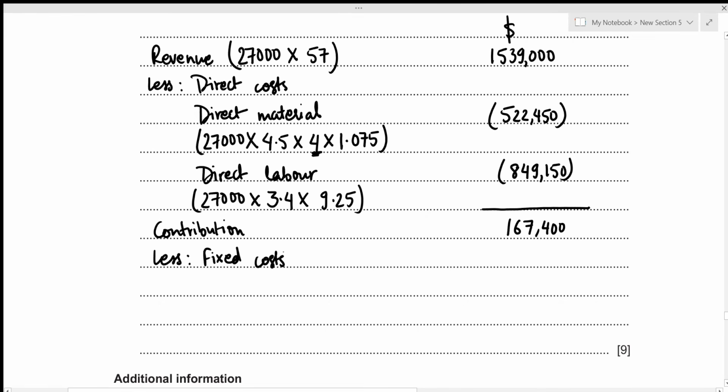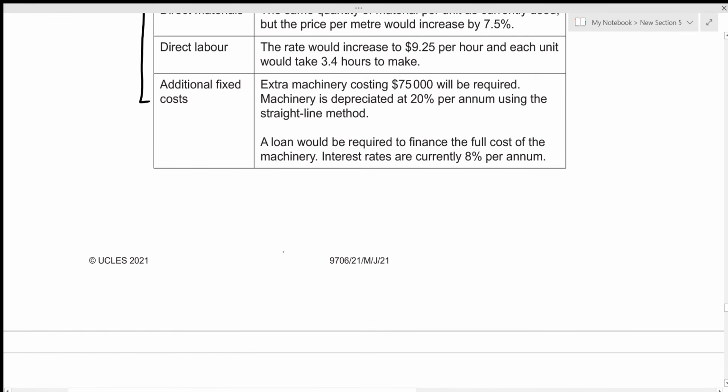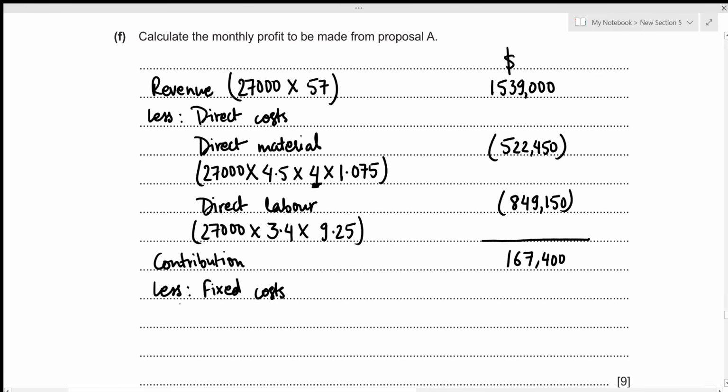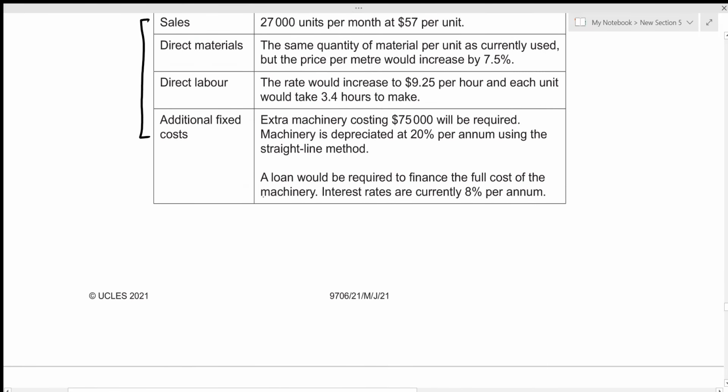Let's have a look at the information first. So we're given additional fixed costs, meaning that the previous fixed cost will also be included. So let's first include that. Previously, we had the fixed cost of 112,000. Now, extra machinery costing 75,000 will be required, and machinery is depreciated at 20% per annum using the straight line method. So the additional fixed cost is going to be this depreciation on machinery.